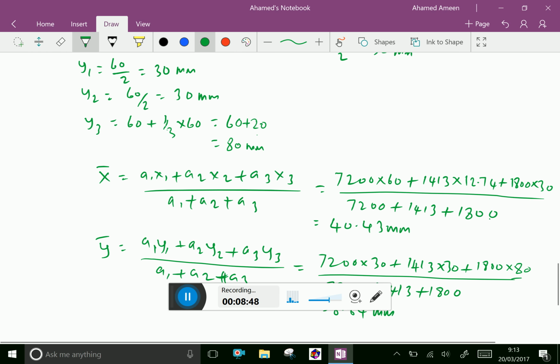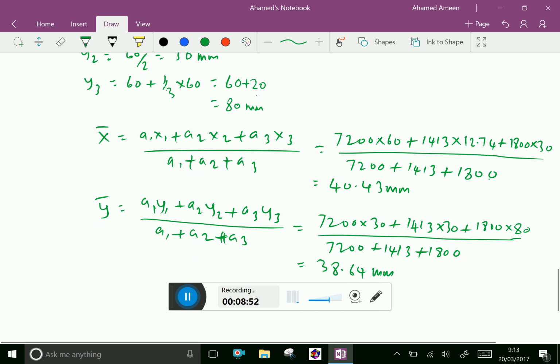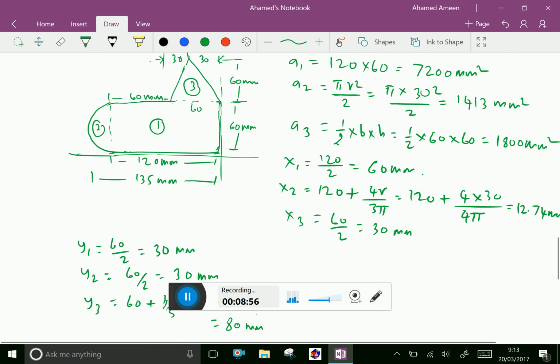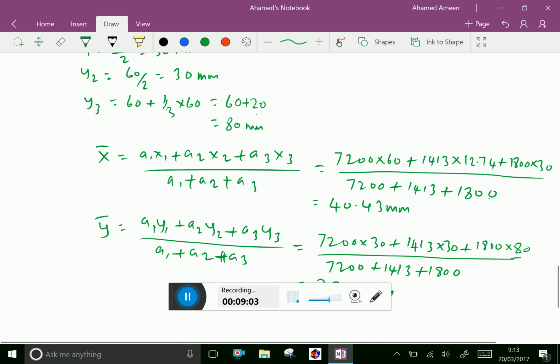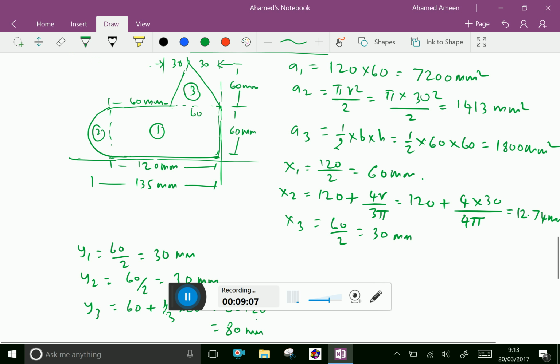We put this value in the figure. X bar is 40.43. From here 40.43, and y is how much? Y is 38.64. Now this point is G approximately.